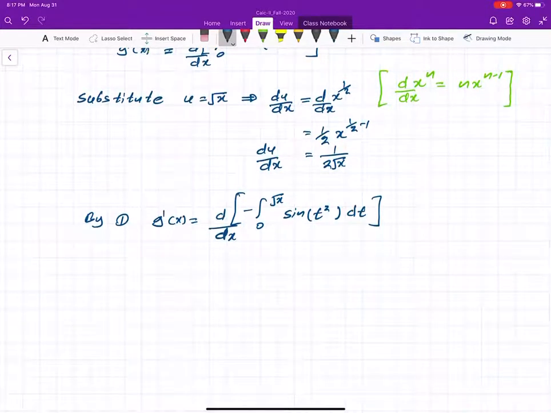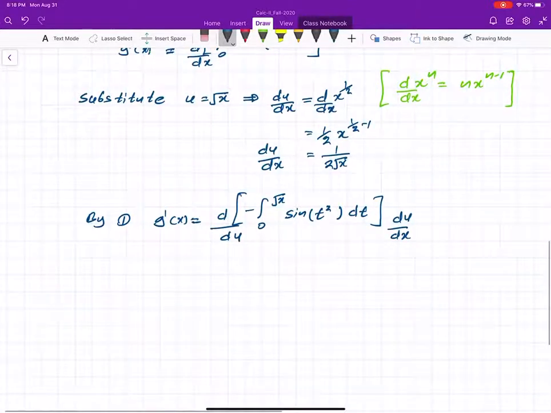Alright, since I'm going to introduce a new variable u, I use the chain rule here. In this chain rule, I just take this dx part out, and then I write that dx here, and I write du here, du there.